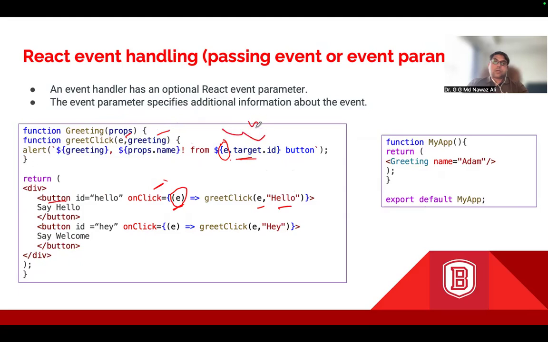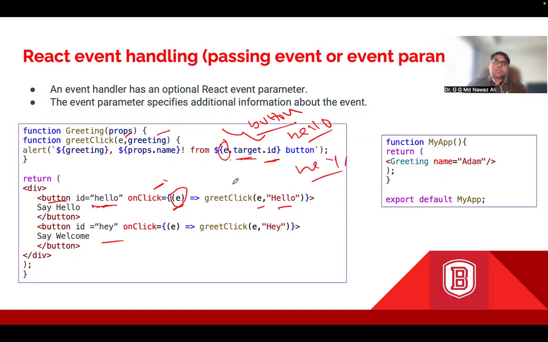After that you have id, right? The id is whatever ID value you registered for this one, and here we said hello. So e.target.id will give you the button ID. This button ID is hello, whatever ID you have written here, and for this other case the button ID will be hey.